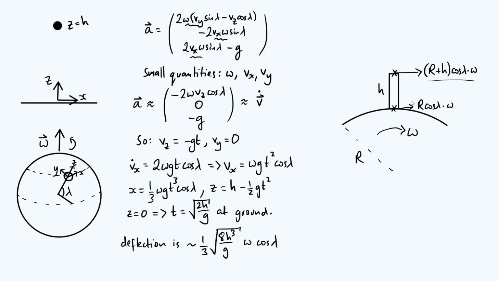And when you drop the ball from the top, that ball will take on this eastwards component of the velocity, because the person who throws the ball is co-rotating with the tower, right? And so when you drop the ball downwards, it's actually moving to the east more quickly than a point on the ground is moving to the east, and that gives us a fairly simple and intuitive way of understanding why this deflection is always in the same direction.